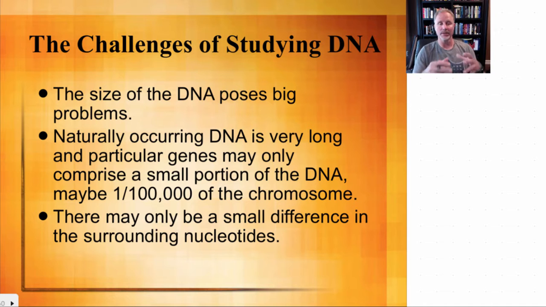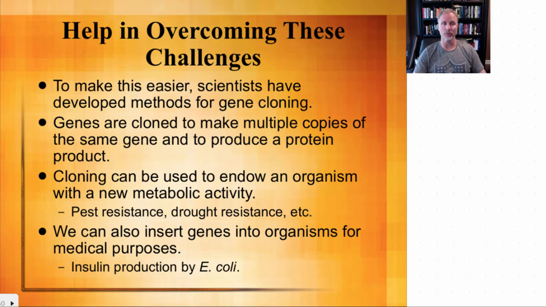Only a small portion of the actual DNA molecule is a gene, which contains the information that gives us our particular phenotypes. So there might only be a small part of the DNA that actually codes for a gene within that chromosome. Okay, and then there might only be some small differences on either side of this gene regarding the actual nucleotides themselves.